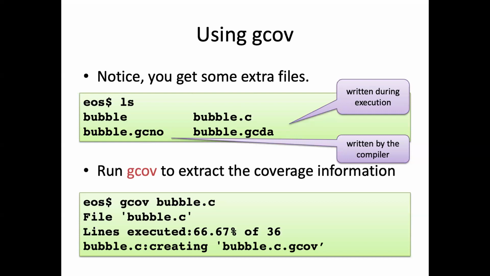Down at the bottom, I'm showing how you run that. If you run gcov on your source file, it'll create a text file that shows how much of that source got executed and what parts didn't. It'll build a new text file that's got the same name as your source file, but with a .gcov at the end.